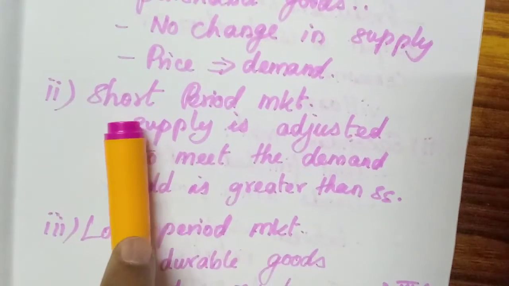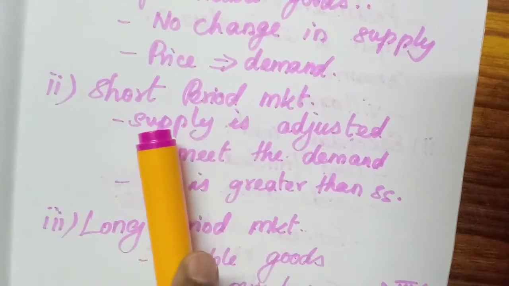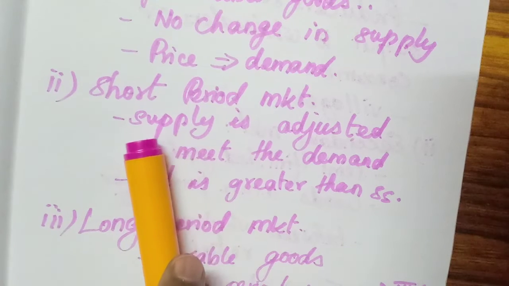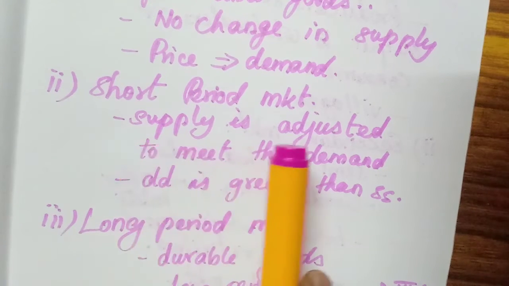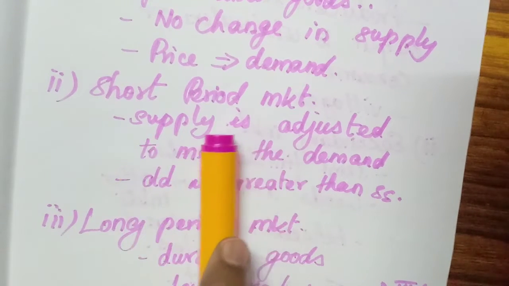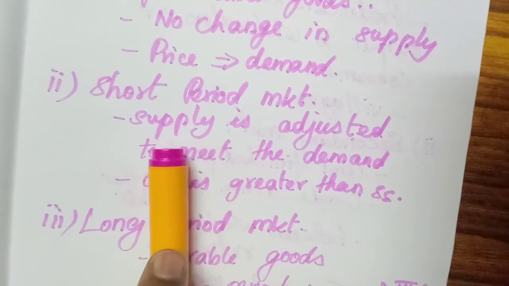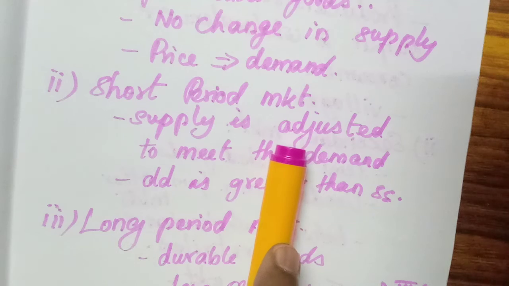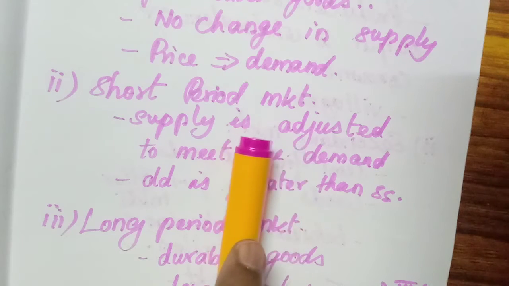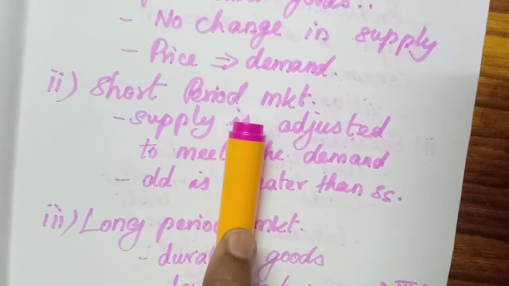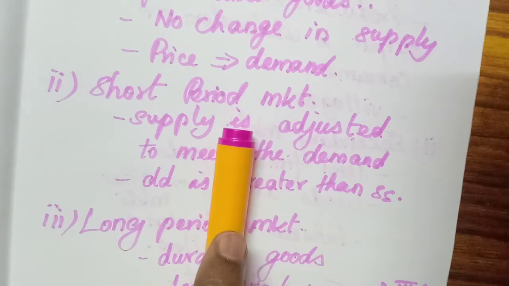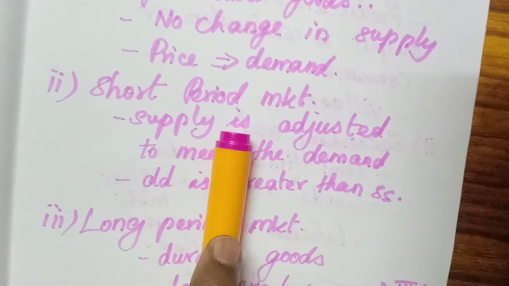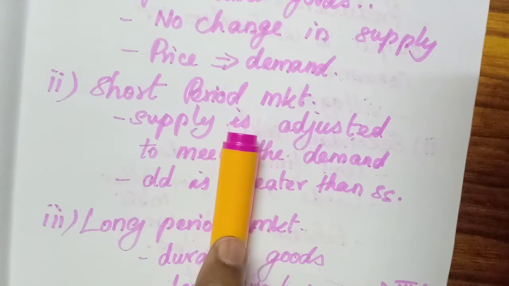The next one, short period market. Here somewhat durable goods will be sold, but they have to adjust the supply to meet the demand. The demand may be for a short period of time. For example, an umbrella: only during the rainy season there will be some demand.